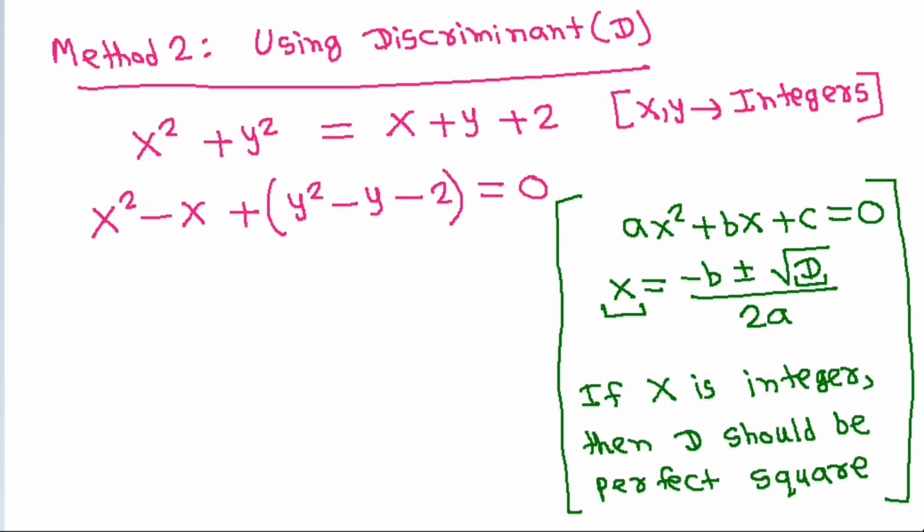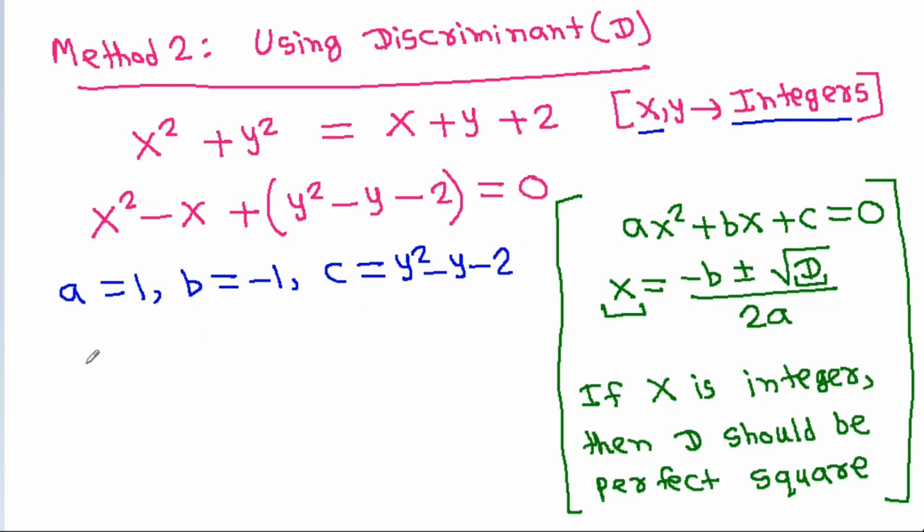And here a is 1, b is minus 1, and c is y square minus y minus 2, and x is an integer. So D should be a perfect square, and D is equal to B square minus 4AC.